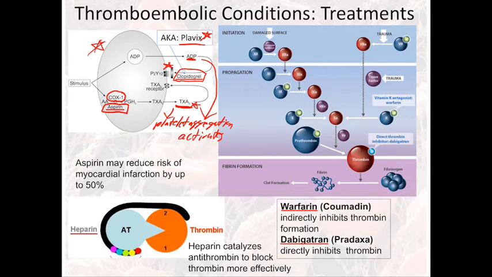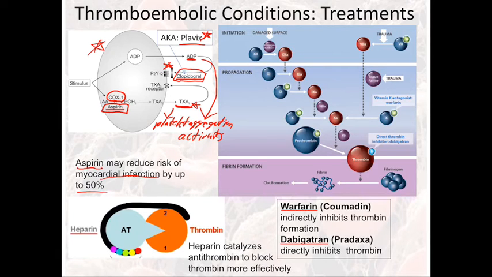So if we block ADP from binding to platelets, then we stop the formation of the platelet plug. We stop the formation of the clot. Aspirin is a very important drug for people with cardiovascular disease. It may reduce the risk of an MI or heart attack by up to 50% just by doing this little mechanism right here that you see. And so people at risk for heart attacks are always taking aspirin.